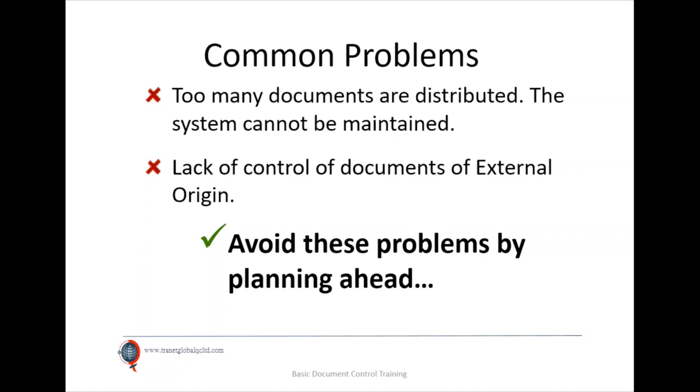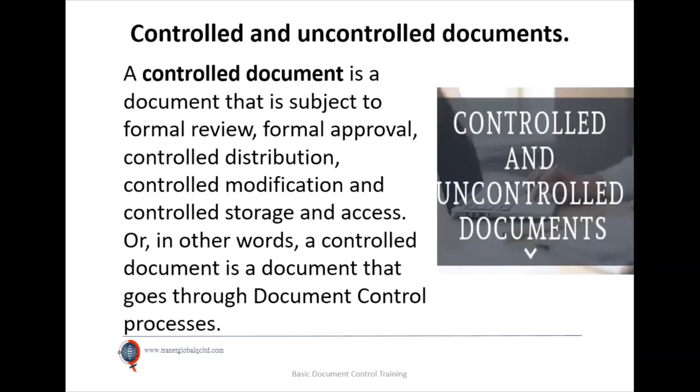Documentation is not something that is done accidentally or without due care to the document control procedure. You have to plan your documentation ahead of time, know what documents are needed, how to generate them, how to store them, and how to control them. It's an activity that must be planned well.